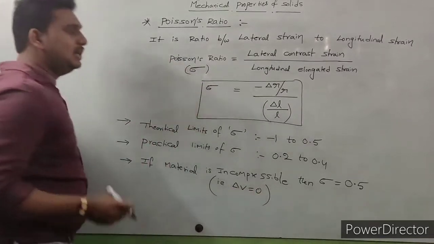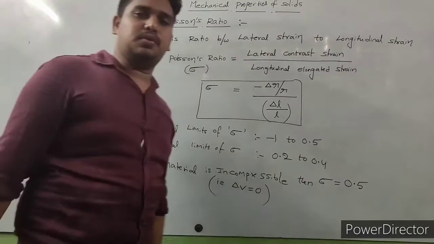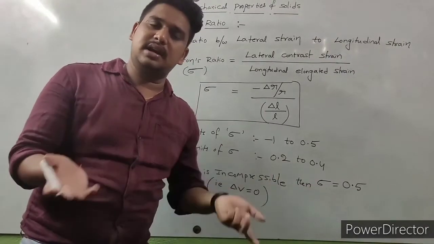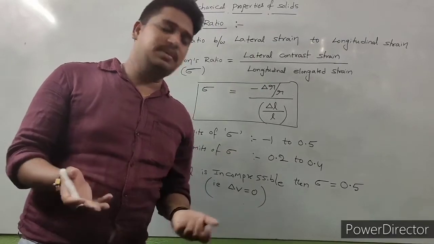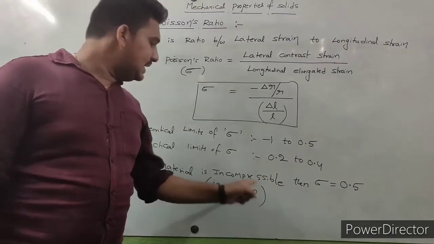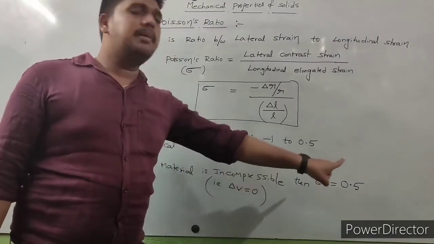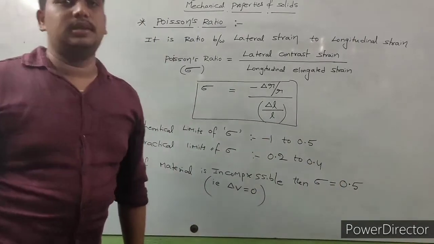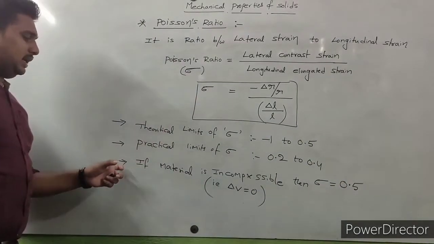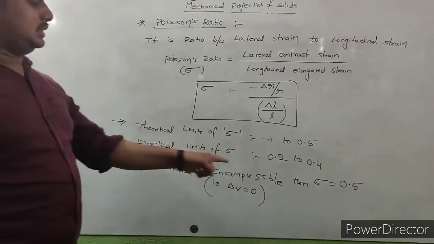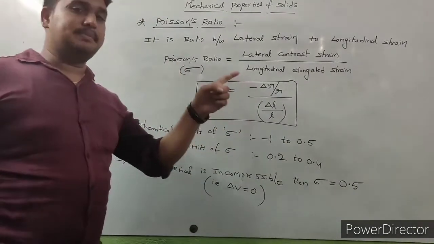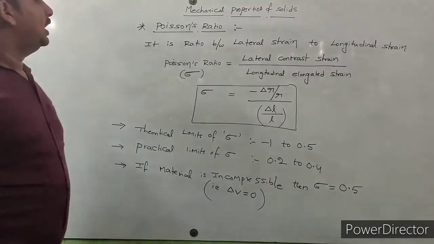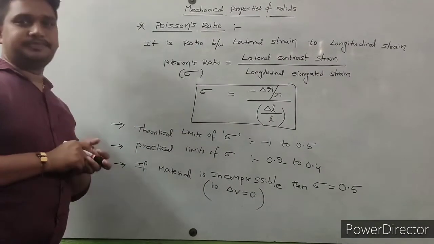It does not compress, so the volume does not change, meaning the change in volume is 0. So if incompressible, sigma is maximum, and that value is equal to 0.5.